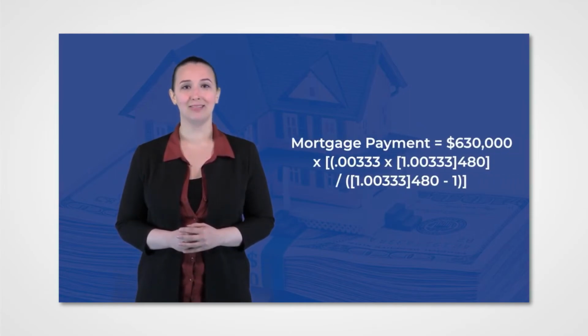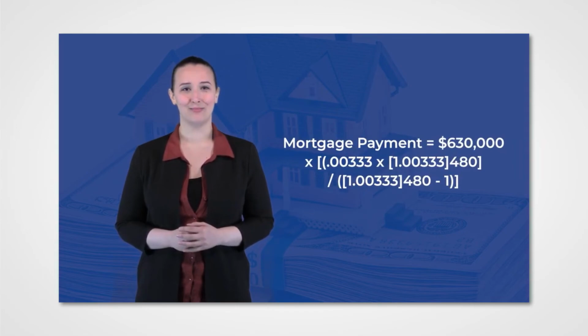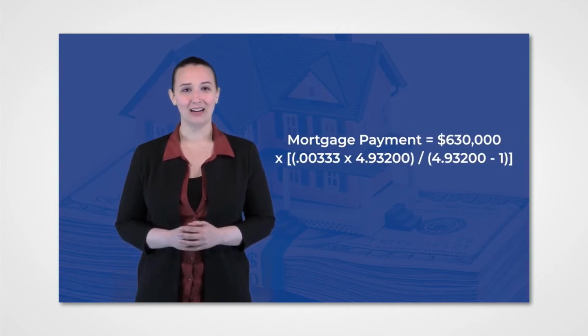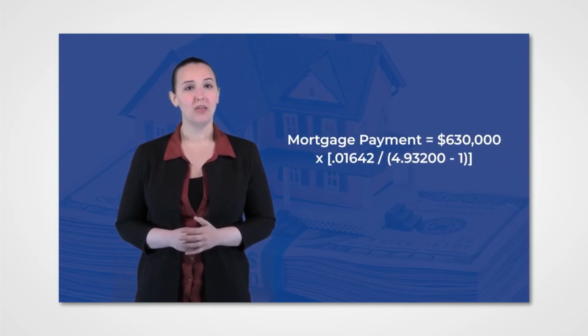So let's calculate the values in the parentheses on both sides of the division sign, like this. Then we raise both 1.00333s to the 480th power. That gives us... Finishing out the calculations in the brackets, on the left, we multiply the interest rate by 4.93200.